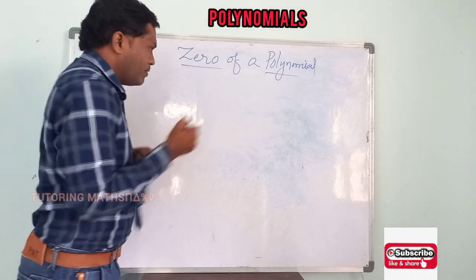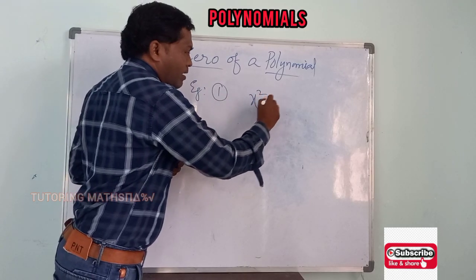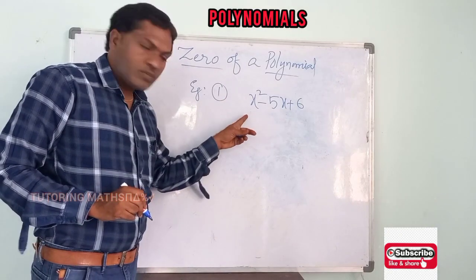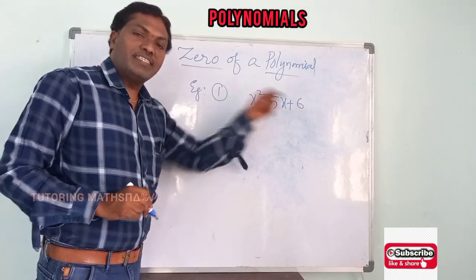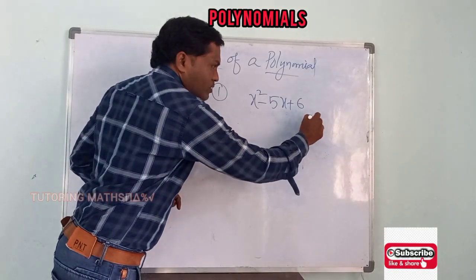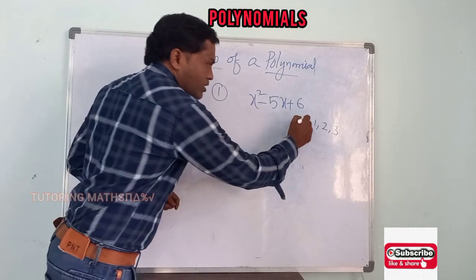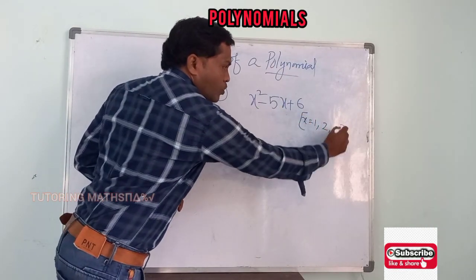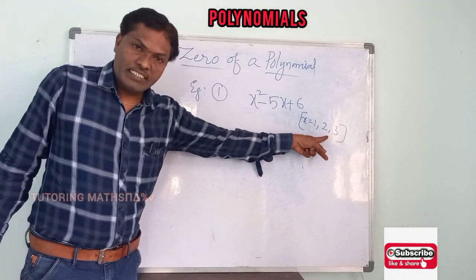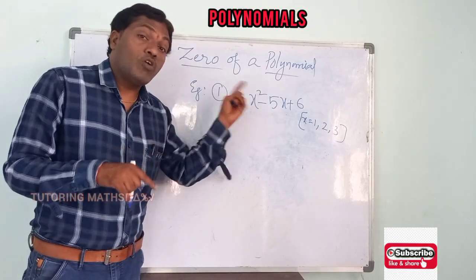Let us take one example: x square minus 5x plus 6. Take some values 1, 2 and 3, so here x values are 1, 2 and 3. For what value of x will this result be 0? That is called a zero of the polynomial.